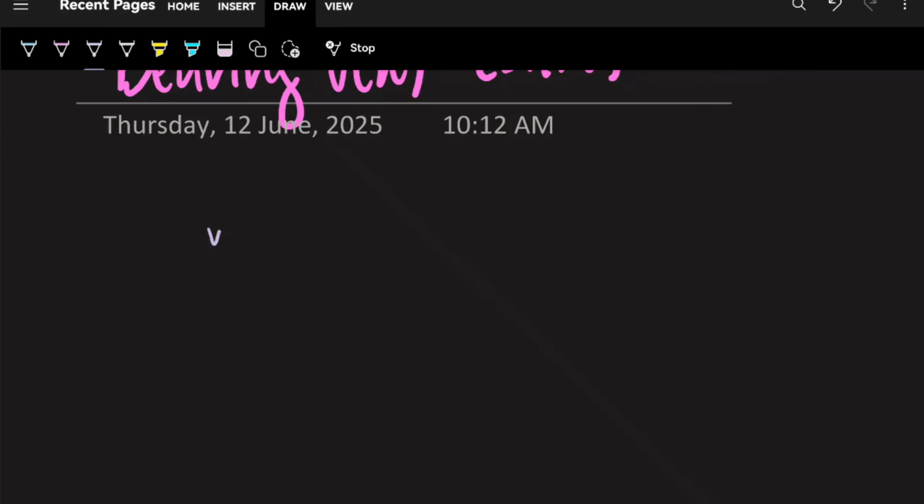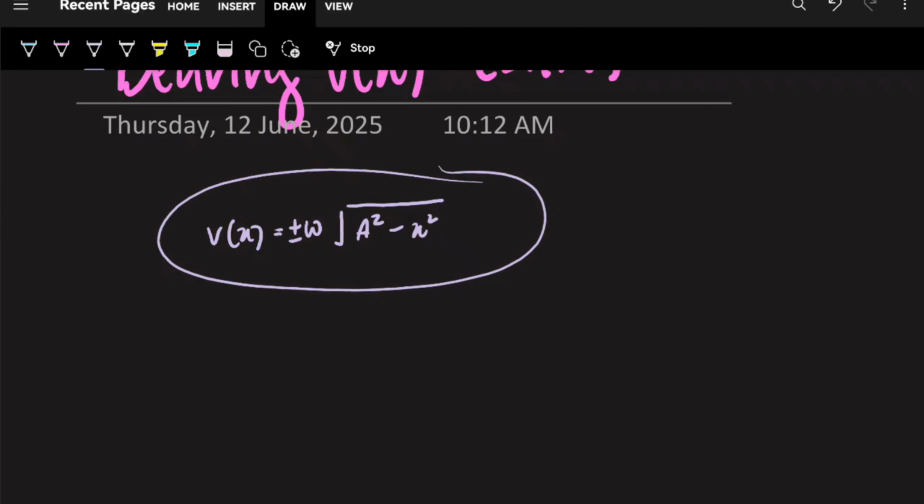The velocity function I'm talking about is this: velocity equals plus or minus omega square root of a squared minus x squared, where a is the amplitude and x is any position within the motion of the spring or pendulum, anything. Now we're going to learn how to derive this equation. Okay, so let's get started.